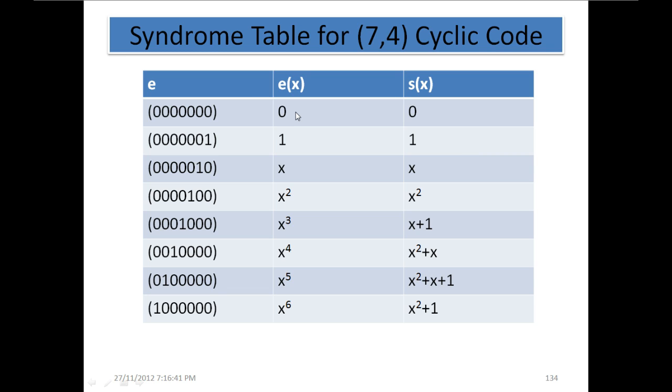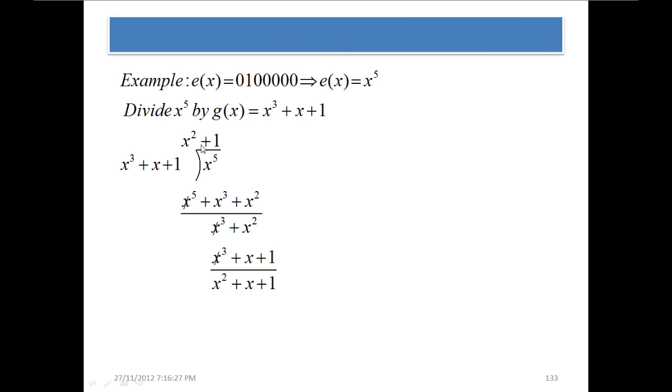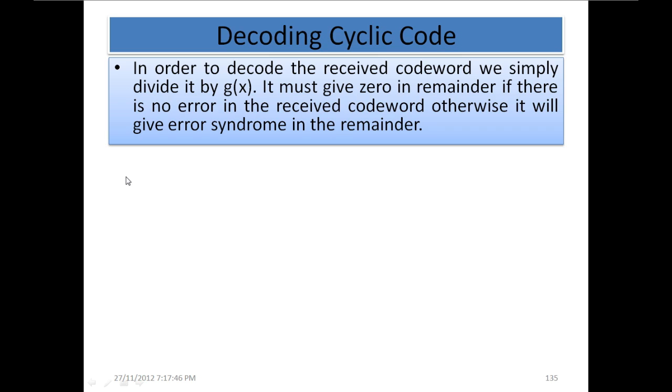We can construct the whole syndrome table in the same fashion, by dividing the polynomial of error by x raised to the power 3 plus x plus 1. In order to decode the received code word, we simply divide it by g of x. It must give 0 in the remainder if there is no error in the received code word, otherwise it will give the error syndrome in the remainder.